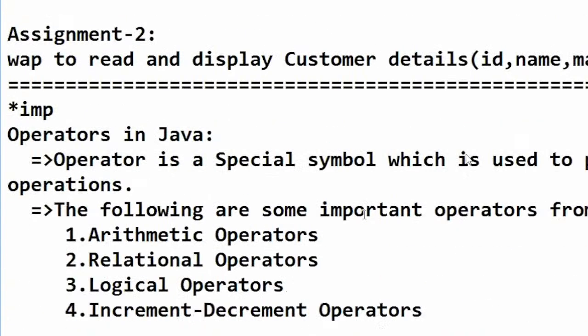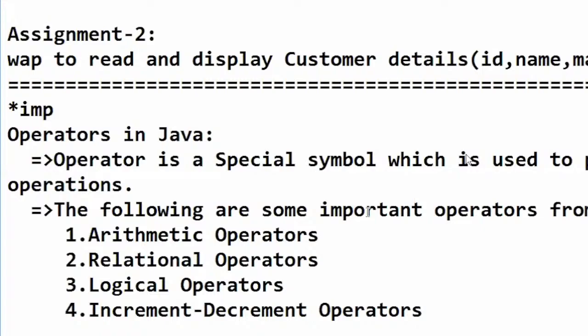But somewhere, if you read string data after numeric data, the data will be skipped. The reason behind that is that after numeric data, one escape sequence character comes. Whenever you use a numeric data method, it takes only numeric data.